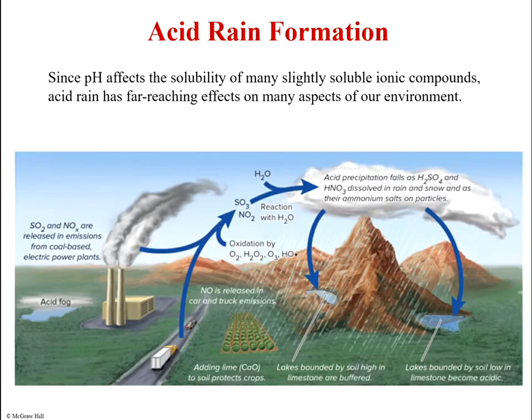This acid can result in lower pH precipitation. In higher lakes that are at higher altitude and bounded by limestone, they can be buffered. pH changes can be relatively small, but in certain regions where there is soil that's low in limestone, like the Appalachian regions, they can become very acidic and can kill off aquatic wildlife.